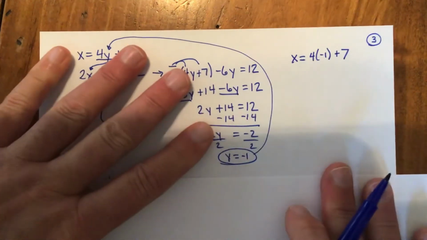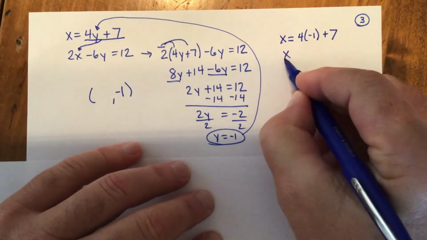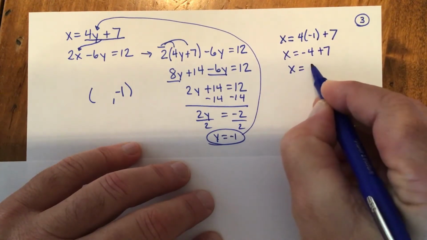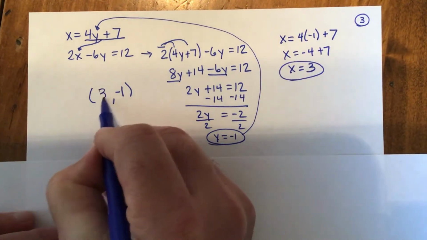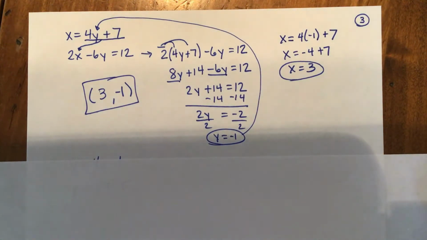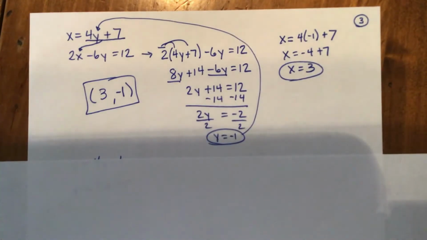So 4 times negative 1 is negative 4, plus 7, which means that x is 3. I put that in here, because again, it's the point. So there's my point. These two lines cross at that point, 3, negative 1.